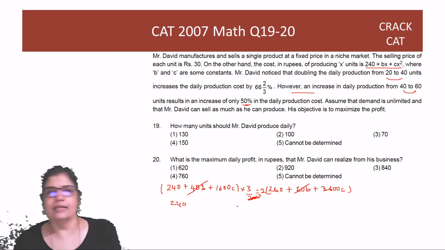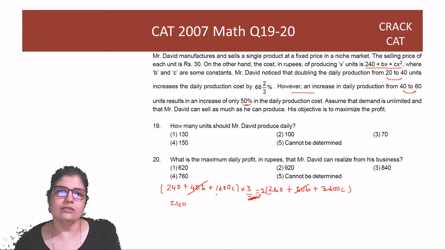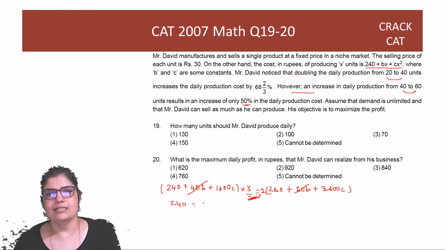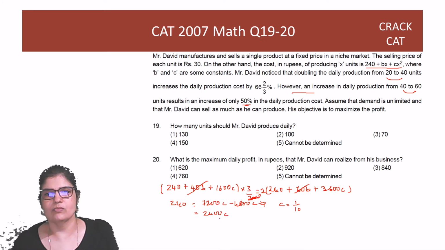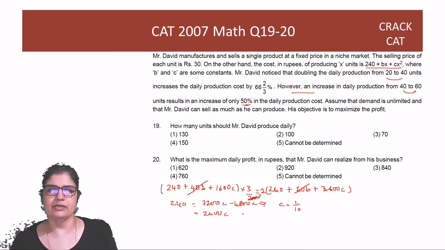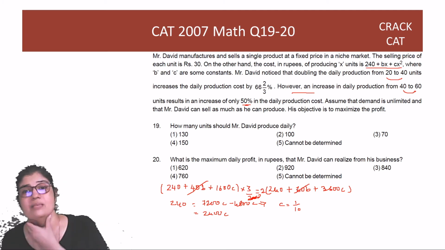So great, now this is what remains, so we can find C. Here you have 7200C and here minus 4800C, which becomes 2400C. So 240 is equal to 2400C, and C becomes 1 by 10, right? Now we can substitute this straight away in the first equation and find B.